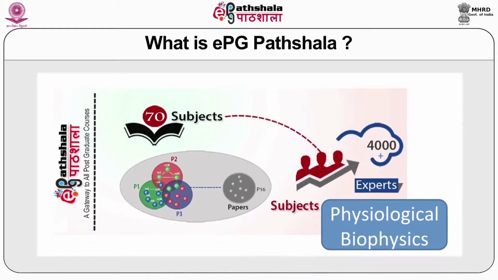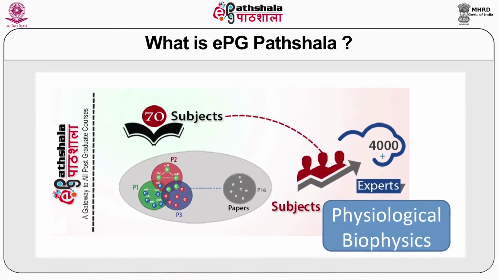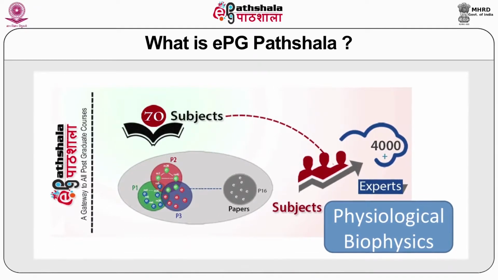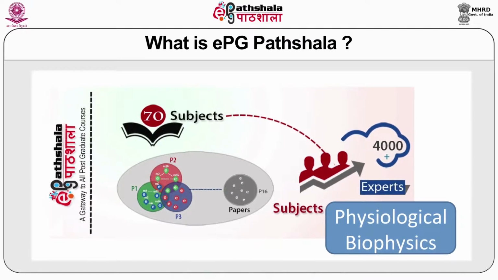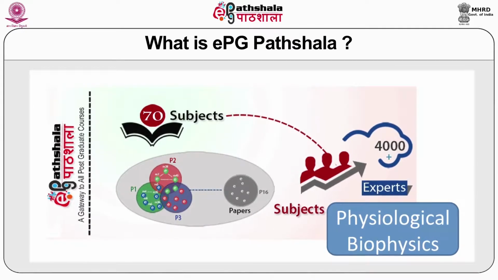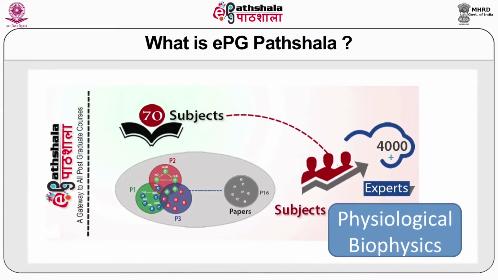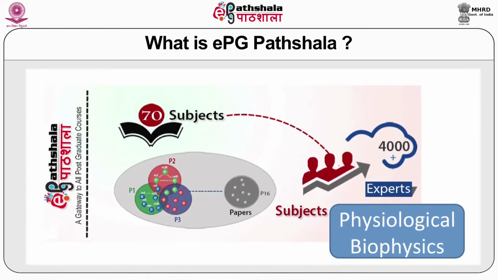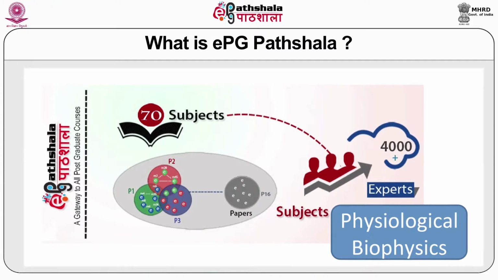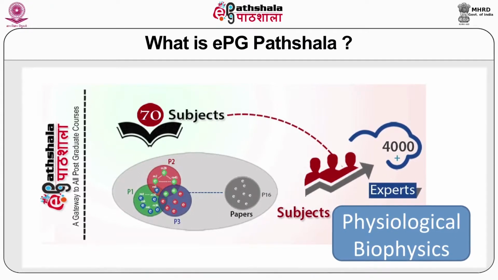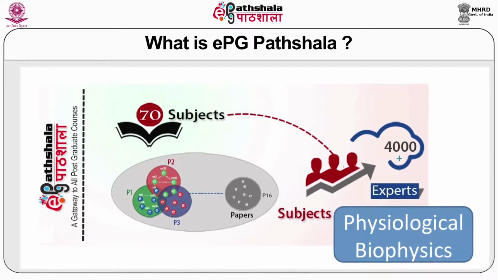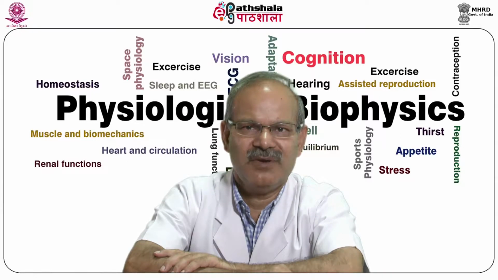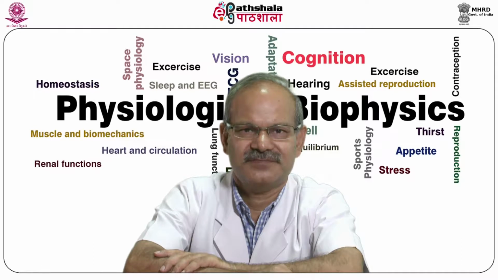For example, for Physiological Biophysics, we have in all 33 modules which will form one paper. Thus, EPG Pathshala is a gateway to all postgraduate courses run under the University Grants Commission. Since this is an open platform, it is available to anybody at no cost.